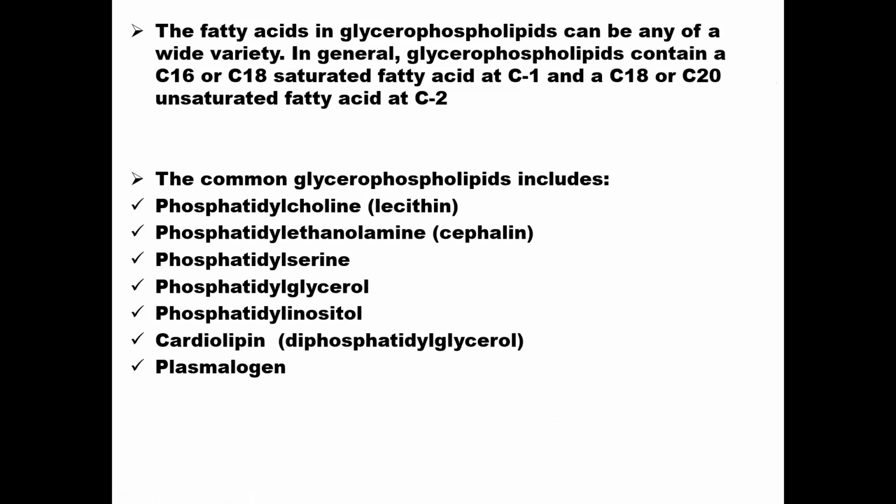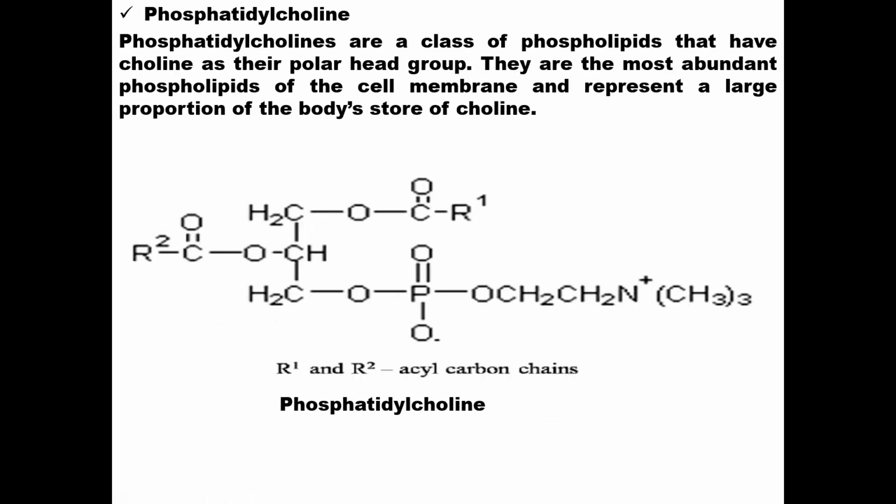We have phosphatidylserine, phosphatidylglycerol, and phosphatidylinositol, and we also have cardiolipin, which is also known as diphosphatidylglycerol. And lastly, we have plasmalogen. We are going to be discussing all these phospholipids one after the other and explaining them. So now let's look at phosphatidylcholine.